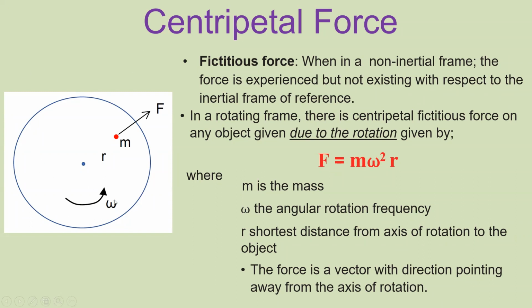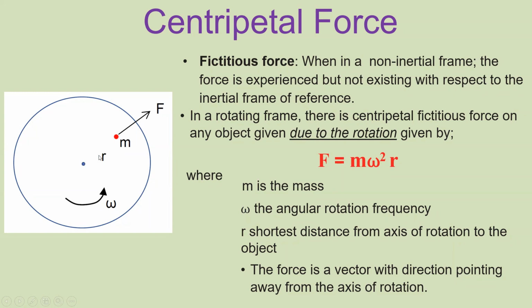If you have a disk rotating in the anti-clockwise direction, and you consider a particle on this disk of mass m at a distance r from the center, then the centripetal force is a force directed radially. This is the center of the disk, and the force is directed radially away from this point.